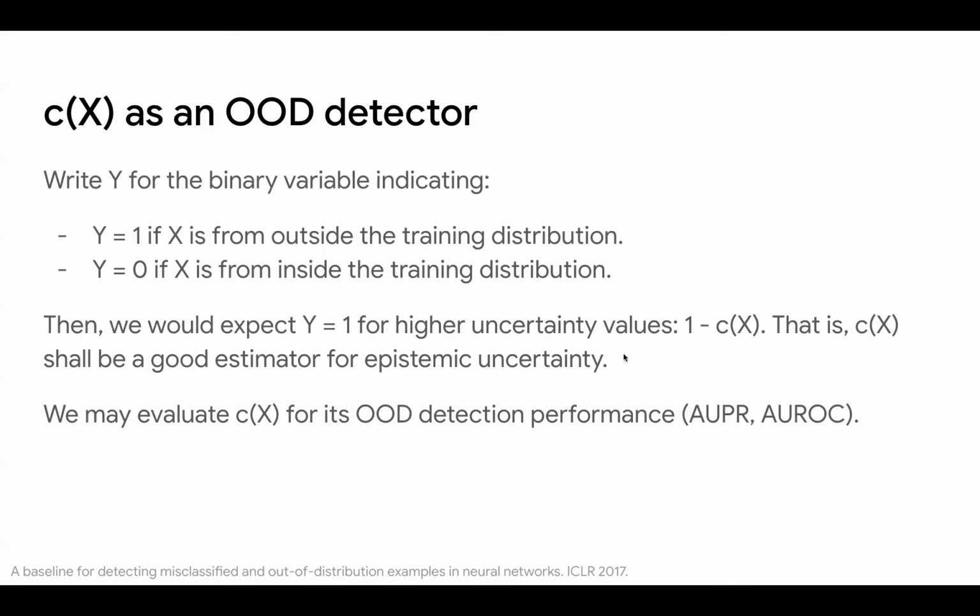So you can use the same evaluation metrics, like area under precision-recall or area under the RC curve, to measure OOD detection performance as well. In the literature on OOD detection, or even general uncertainty estimation papers, you also see OOD detection performance reported in terms of these area-under-curve metrics.